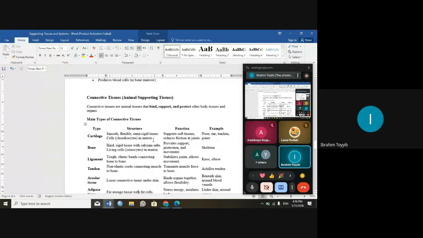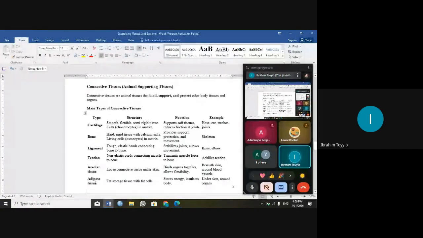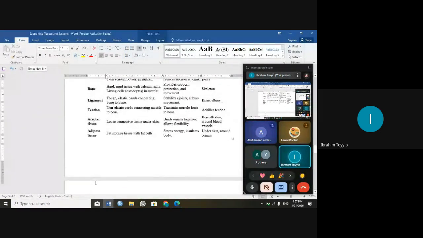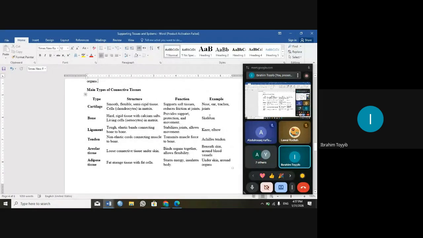Now let's look at the connective tissues that bind, support and protect organs in the body. The main connective tissues are the cartilage, the bone, ligament, and tendon. So where is the cartilage found? You can see cartilage in the tip of our nose. If you touch the tip of your nose, you can move it up and down, left and right.